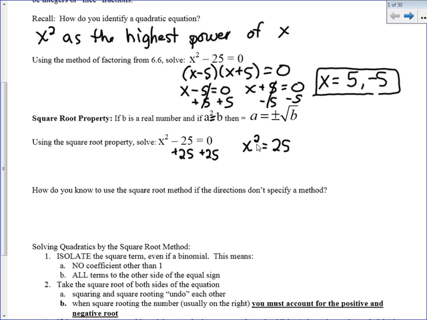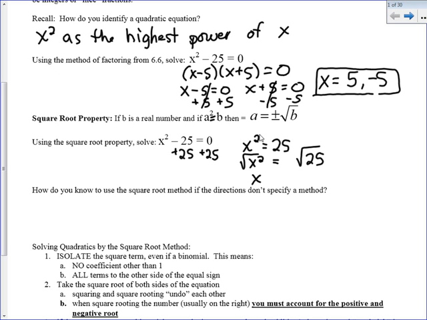So to get rid of the squared, I can use the square root. So if I take the square root of x squared, what's the square root of x squared? X, which is what I'm solving for. So that's handy. And if I take the square root of the left side, to keep this balanced, you got to take the square root of the right side. But there's one other thing that we need other than just the square root. Plus or minus.